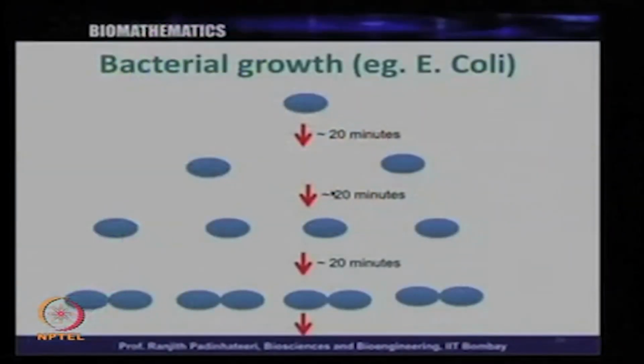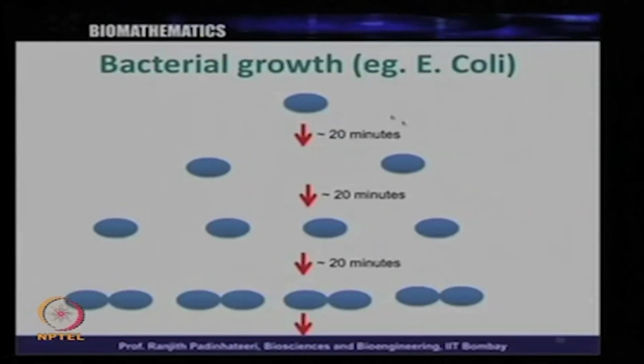We want to say bacterial growth. The example is E. coli. When you have E. coli, you start with, let us say, one cell, it divides into 2 in about 20 minutes.